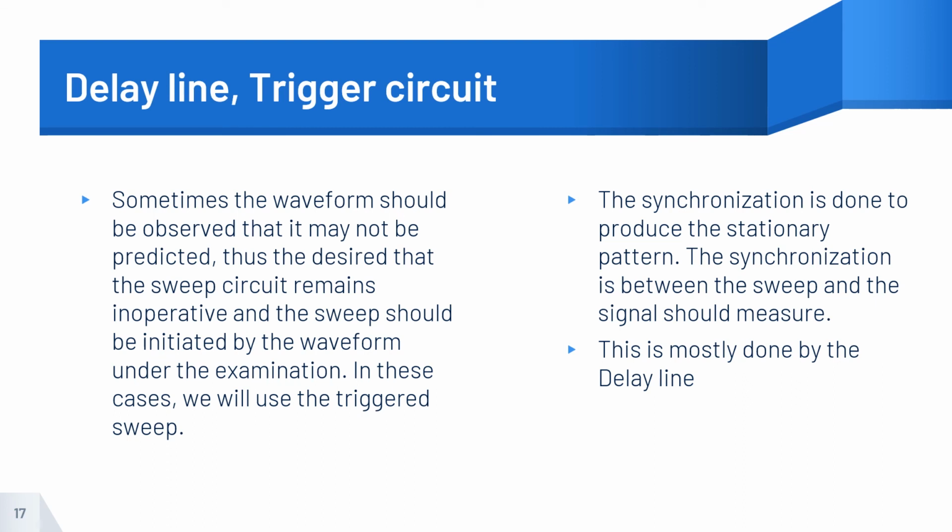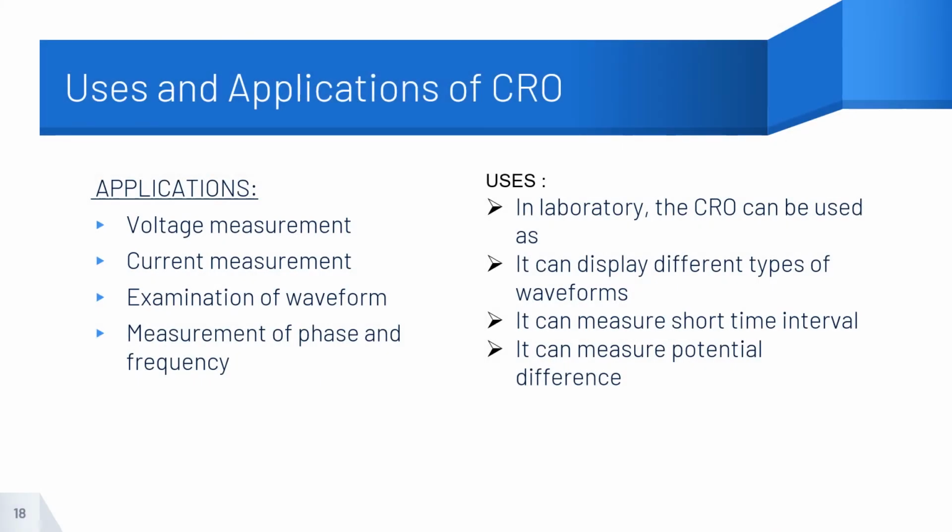In these cases, we will use the triggered sweep. This synchronization is done to produce a stationary pattern. The synchronization is between the sweep and the signal to be measured. This is mostly done by the delay line. So this is the function of the delay line.